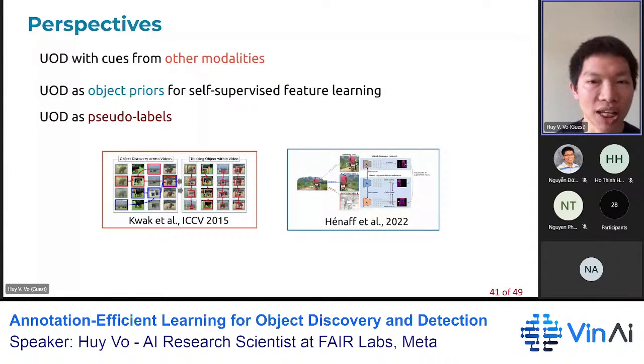The combination of UOD and self-supervised feature learning is also interesting, because I think UOD can provide object priors that enrich the features learned by self-supervised learning methods. And last but not least, the use of UOD outputs as pseudo-labels for tasks like weakly-supervised detection or localization should be investigated.